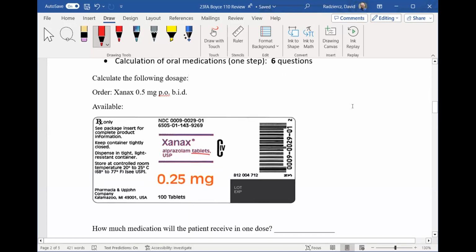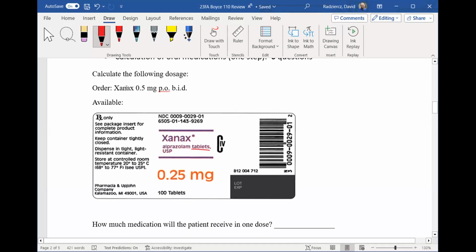So in this question here, it tells us to calculate the dosage if I'm ordered Xanax 0.5 milligrams by mouth, and then we have this BID. BID stands for twice a day, okay? If it said TID, T as in Tom, TID would be 3 times a day. If it said QD, like the letter Q and the letter D, QD means daily.